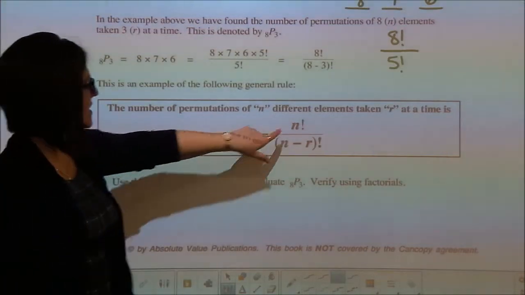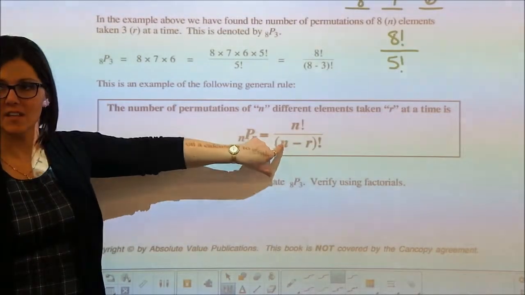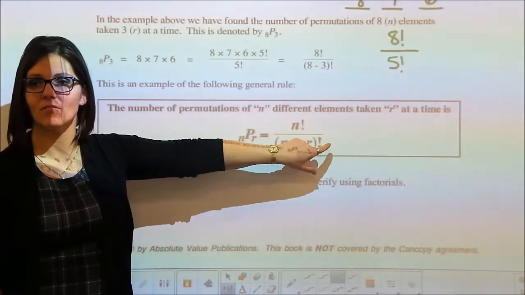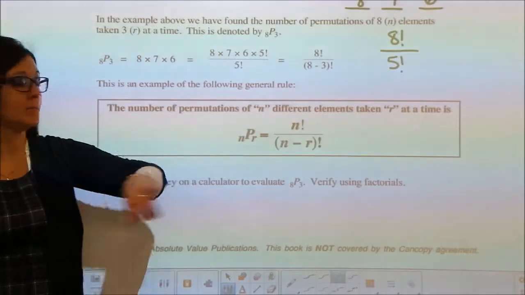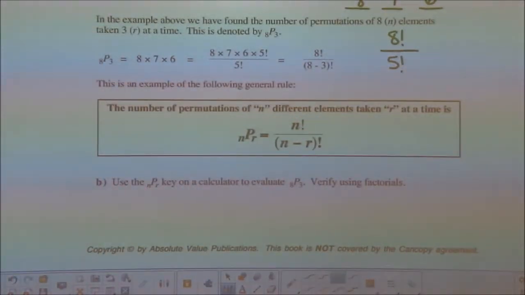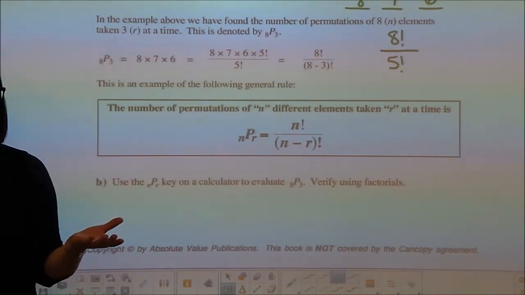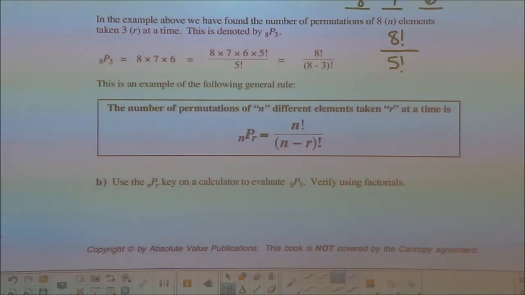What it equals is n factorial divided by n minus r factorial. In this case, 8 minus 3 gives me my 5. This is on your formula sheet for you. You're not expected to memorize it, but you do need to know the permutation one and the combination one, which one you use for which situation. Remember, permutations, order is important.